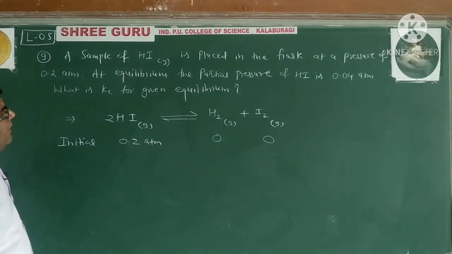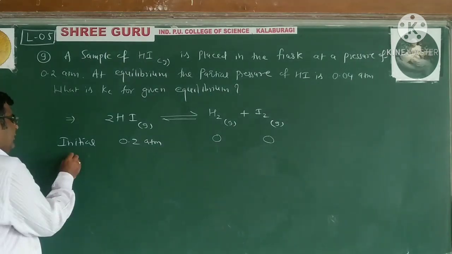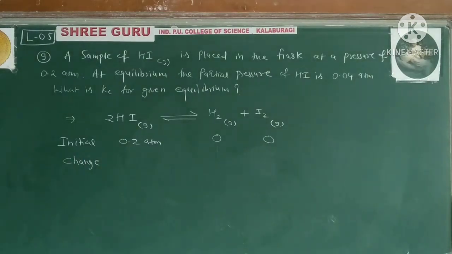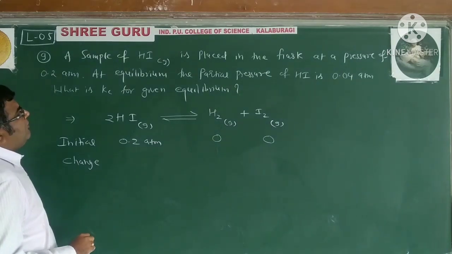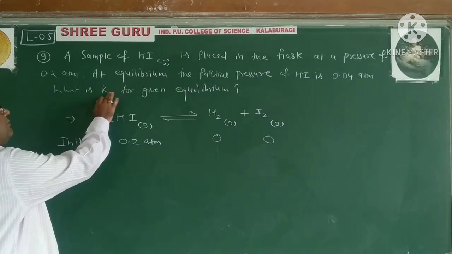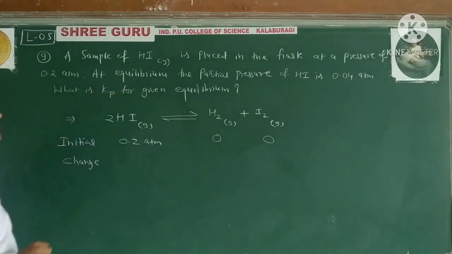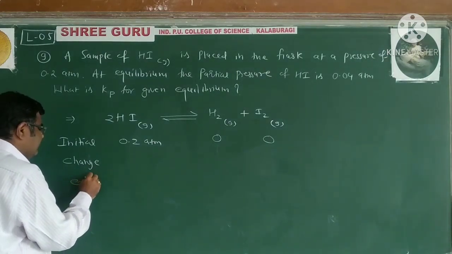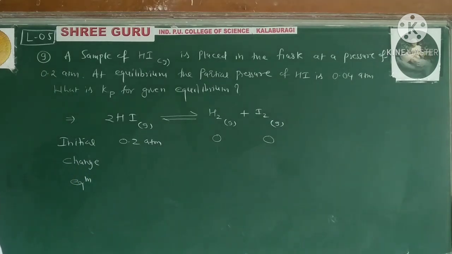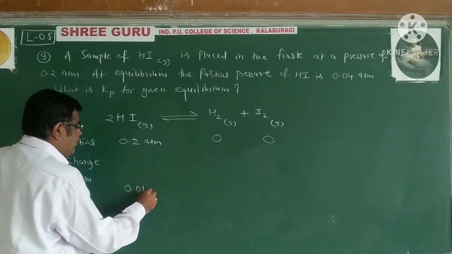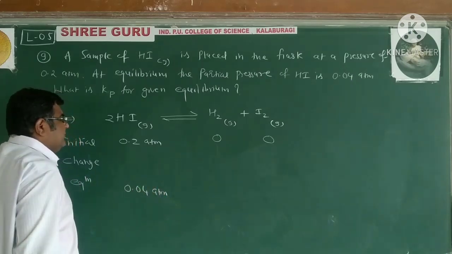Next we have to make the change in pressure, and then write what is given at equilibrium. We can calculate Kp here because it is in terms of partial pressure. At equilibrium, the pressure of hydrogen iodide is 0.04 atm.